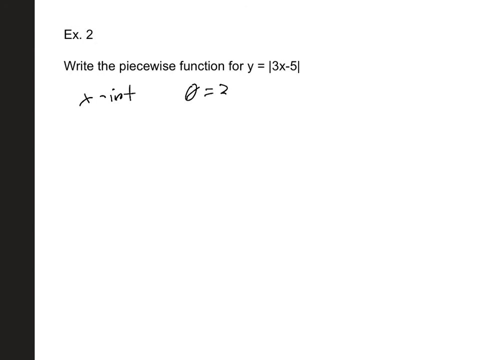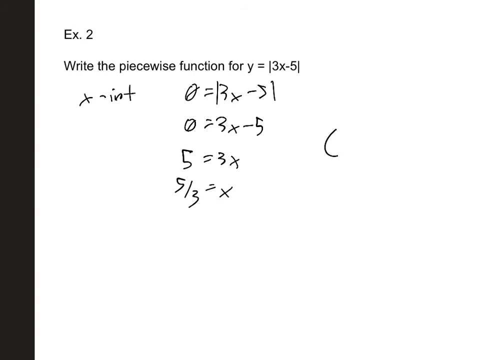So we get 0 equals the absolute value of 3x minus 5. So we can just say 0 equals 3x minus 5. This gives us 3x equals 5, and therefore x equals 5/3. So we have an x-intercept of 5/3 and 0.